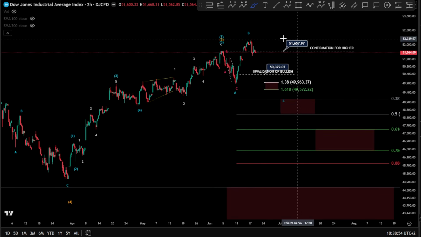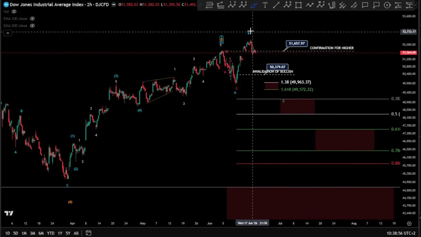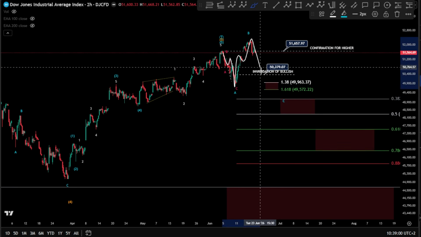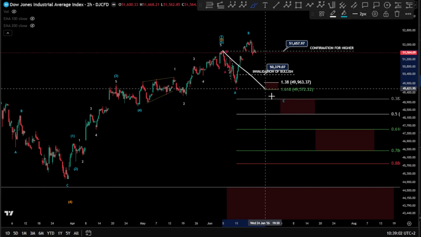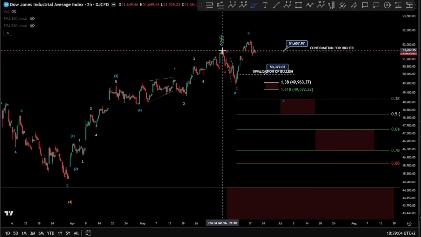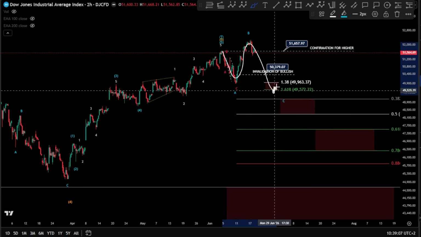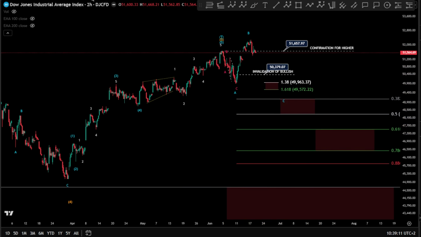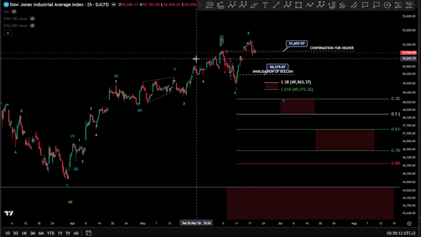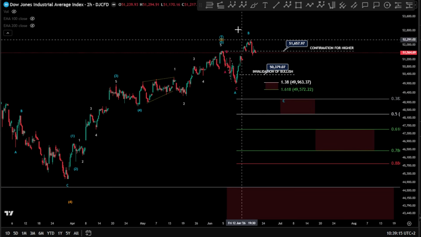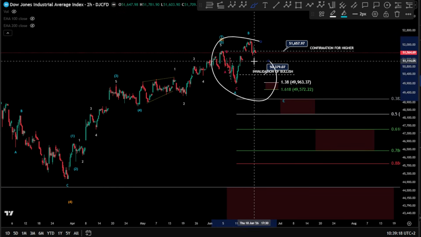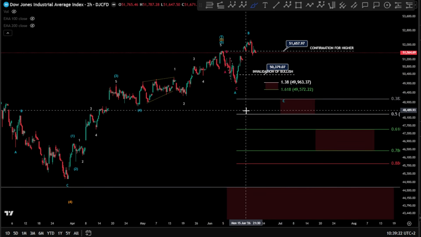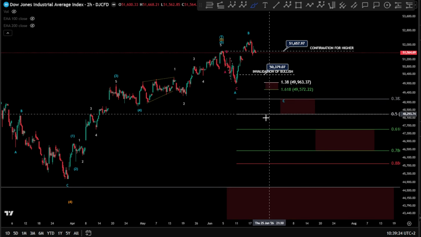Of course, it can be a confirmation for a bullish scenario, but don't forget the wave B expanding flat, meaning an A, B, and a C can be unfolding in a W, X, and a Y even, meaning the expanding flat can be your W, having an X, and then a wave Y, a deeper correction that it might be unfolding for lower prices. Now, I would say that this so far is looking the bearish scenario, which is a wave C. Your target is 1.618, 49K 572.